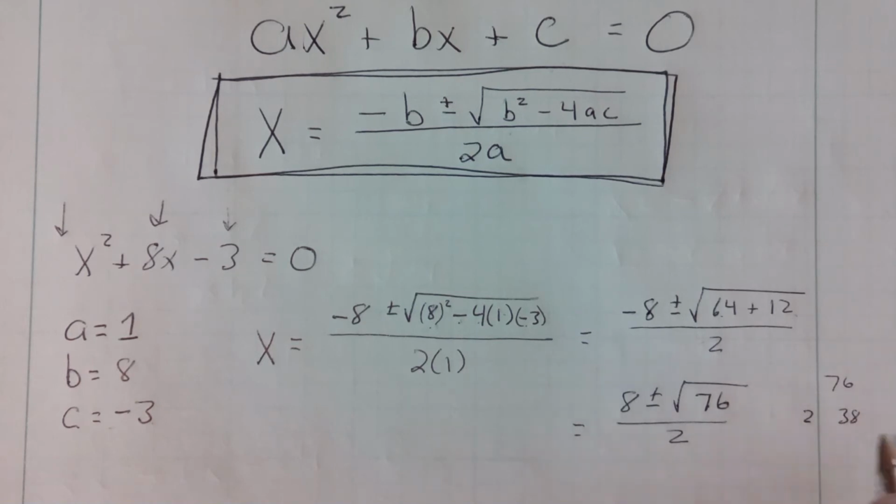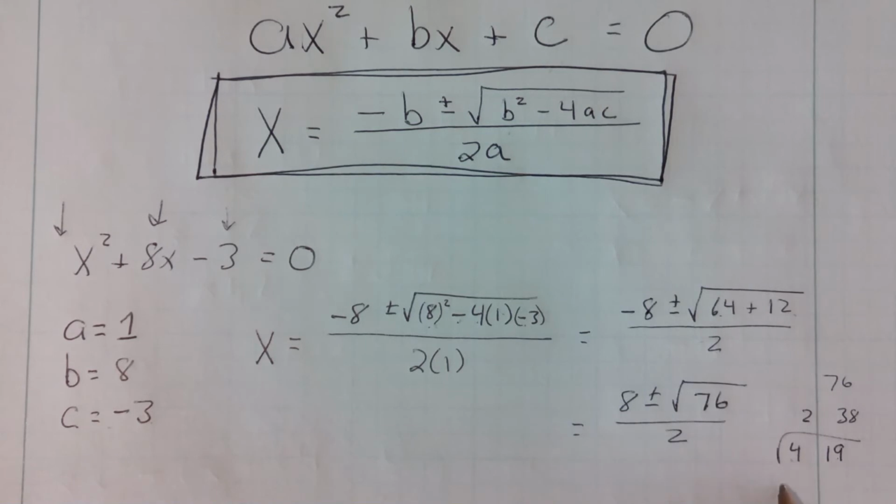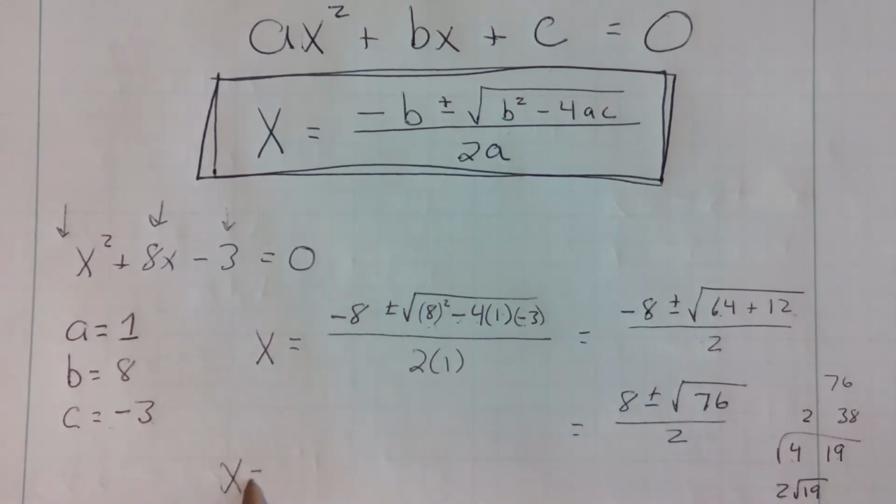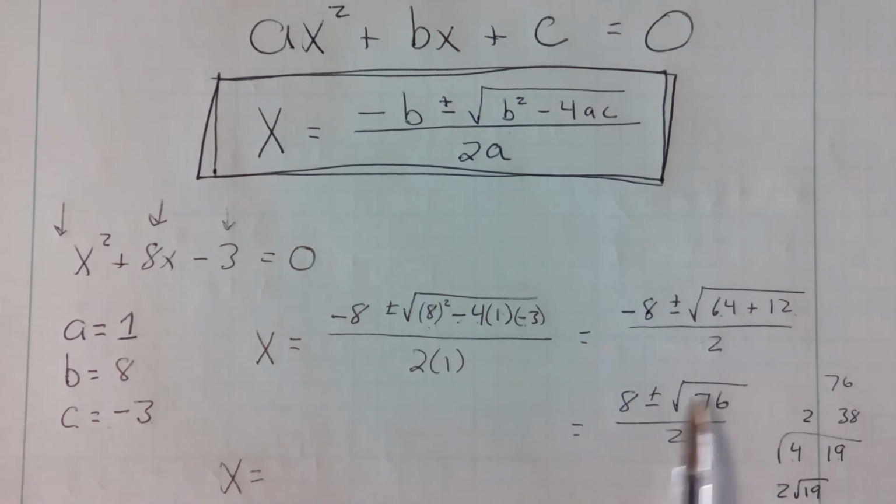Oh, so 4 goes into it, so that's 4. That's going to be 1 and 9. Yep, so square root of 76 is the same as the square root of 4 times 9, which is 2 square roots of 19.